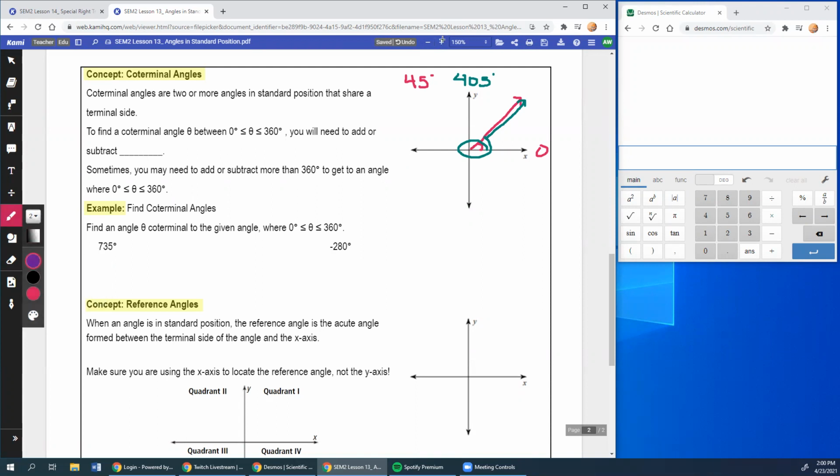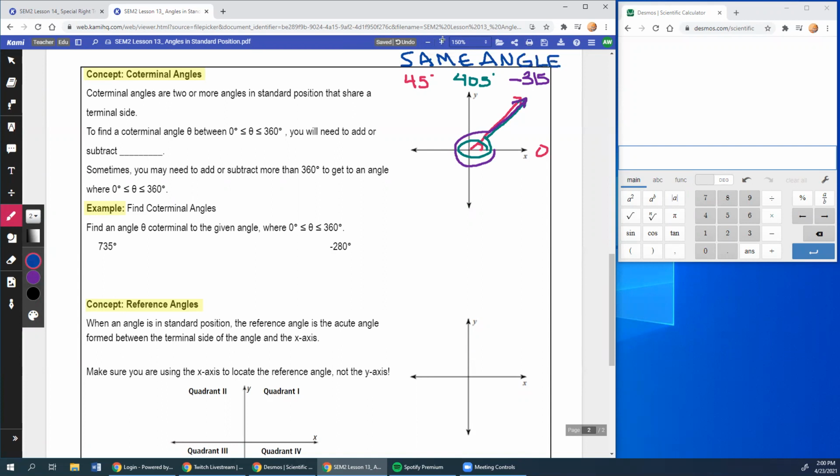And then say we have negative 315. So now we're going to go the opposite way, and it's going to land in the exact same spot. So these are all the same angle.